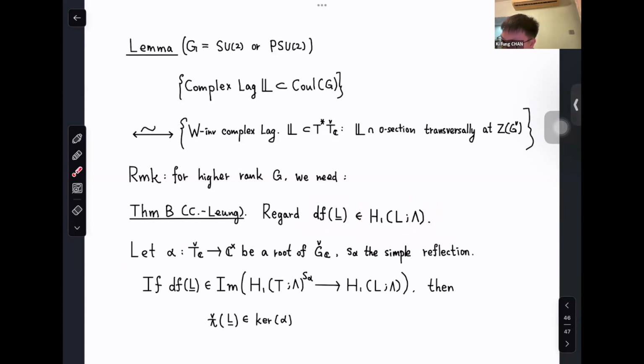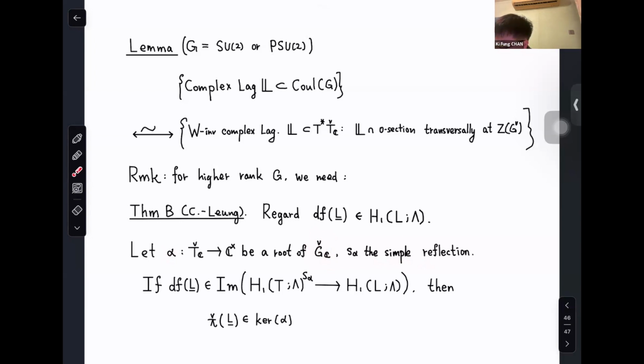Let alpha be a root of G check. G check is a compact group, so it has a root system. Let alpha be one of the roots, and s_alpha the corresponding simple reflection.